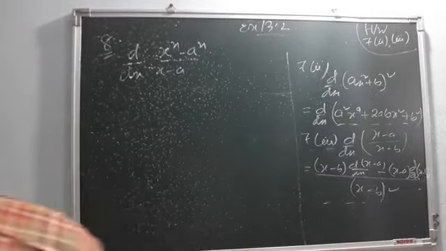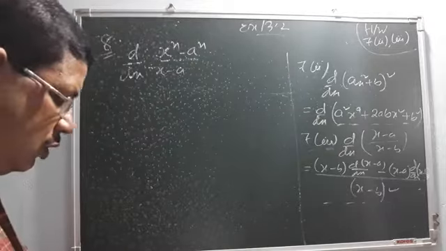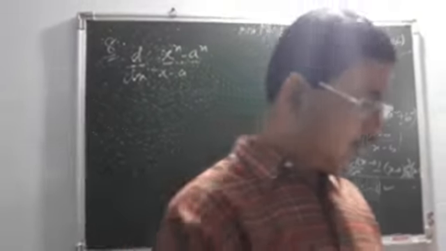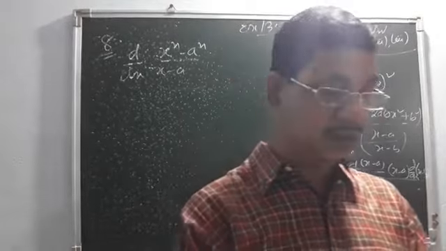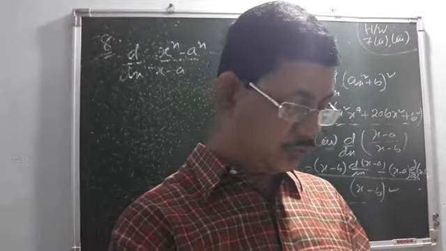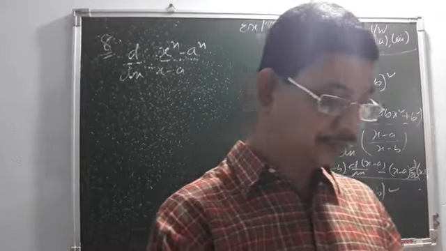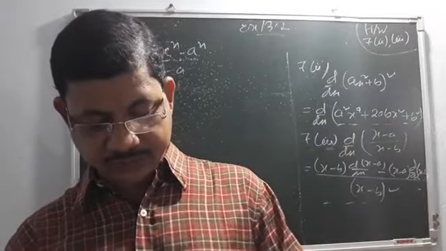Now we are going to do this one. This is already given in one formula, that if it is x to the power n, then you can write the answer is n x to the power n minus 1. So I have to say what is the value of this theorem.